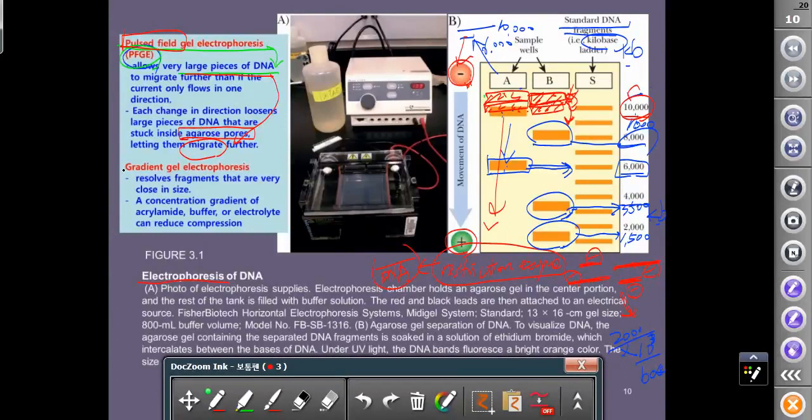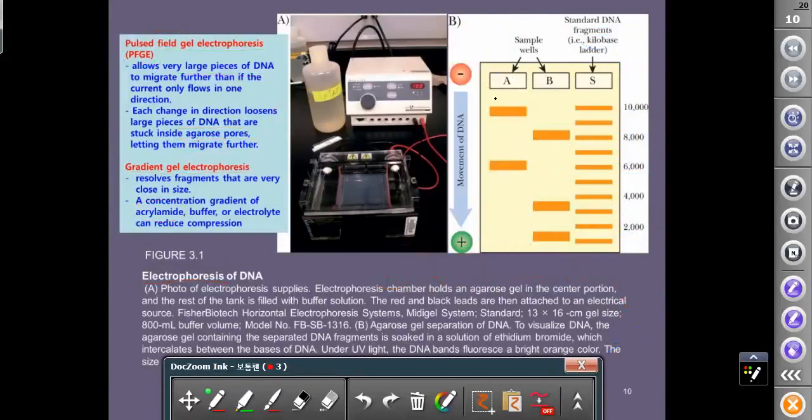And another one, gradient gel electrophoresis. For example, this gel is made of acrylamide, that is the material. Usually the acrylamide concentration is homogeneous, the same across the gel.